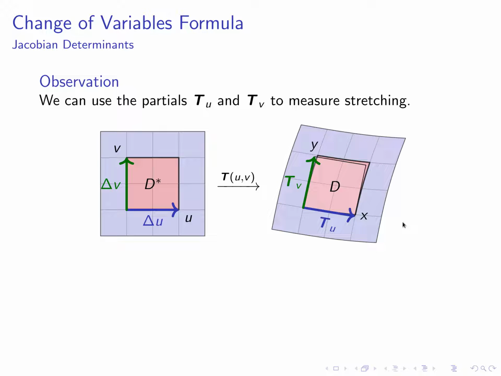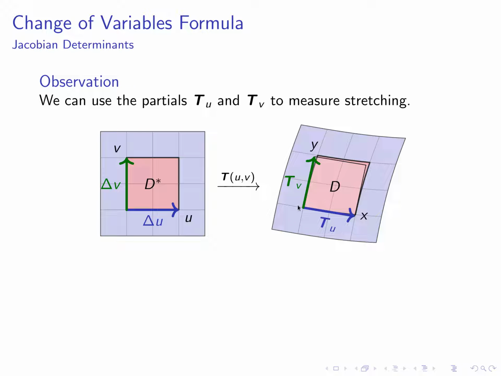So let's take a closer look at the geometry here. If we're stretching coordinate axes, what we're really doing is adjusting area. So in UV space, if we were to look at a small square where the change horizontally was given by some quantity delta u, and the change vertically is given by some quantity delta v, we can think about what happens when we apply the change of coordinates T of (u, v).